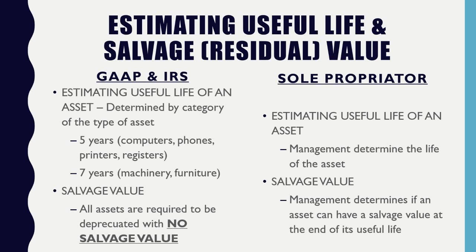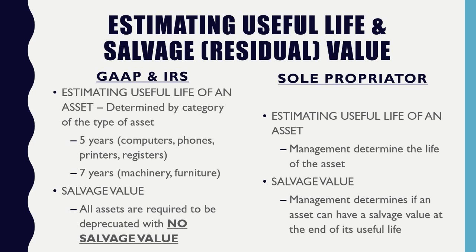And again, under corporation rules, they say that at the end of its life, there should be no residual value left. But as a sole proprietor, when we talk about leniency rules here, you can get away with coming up with your own estimated useful life as well as your own salvage value.